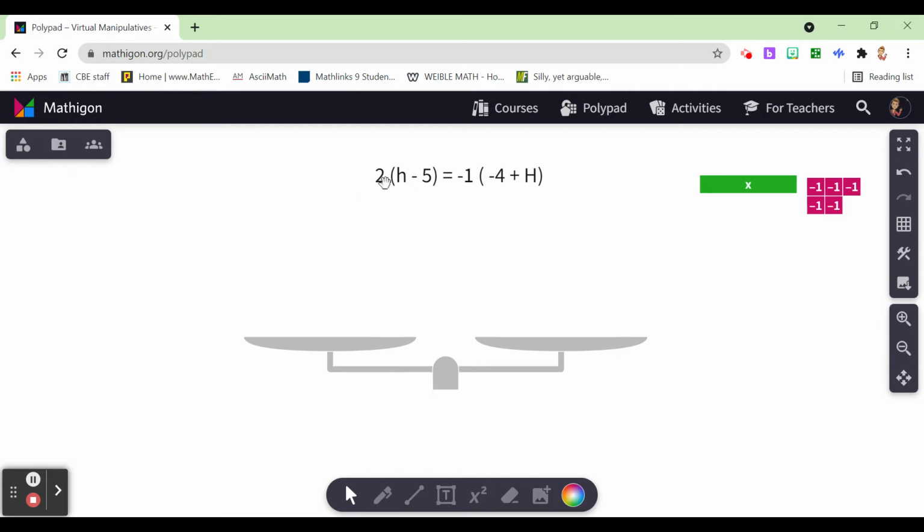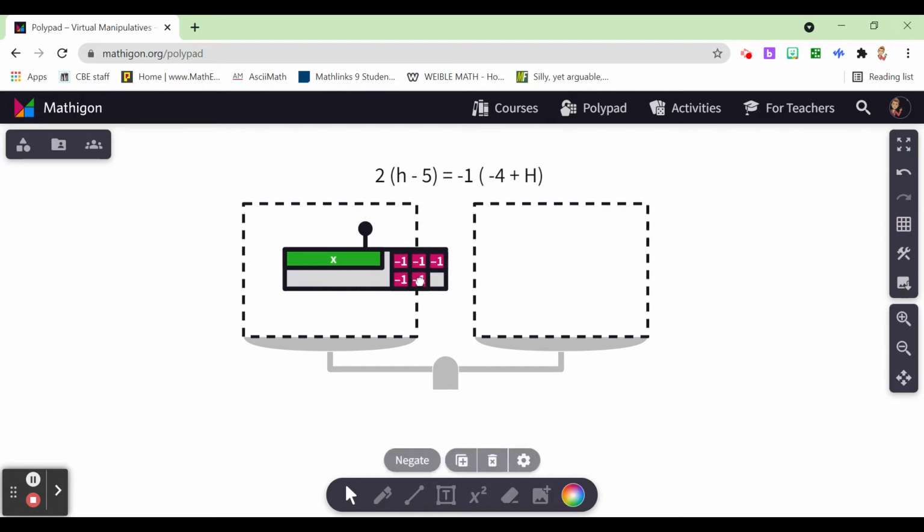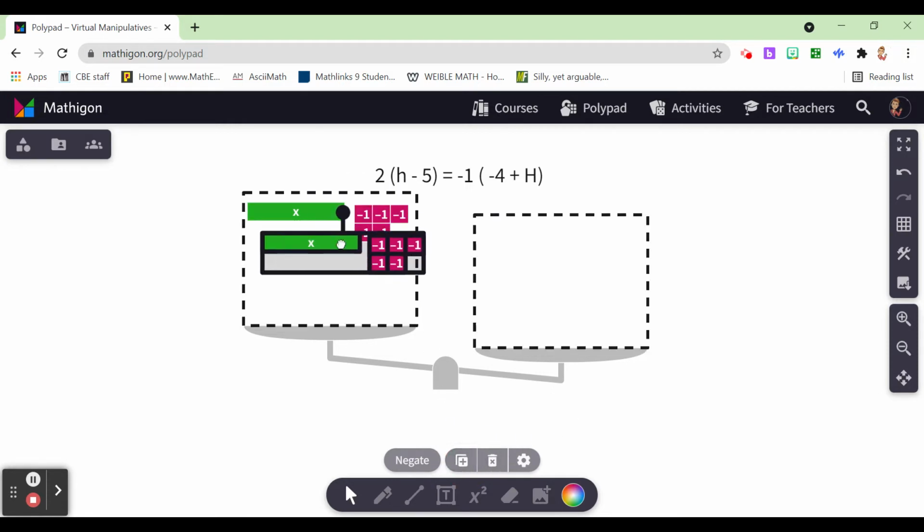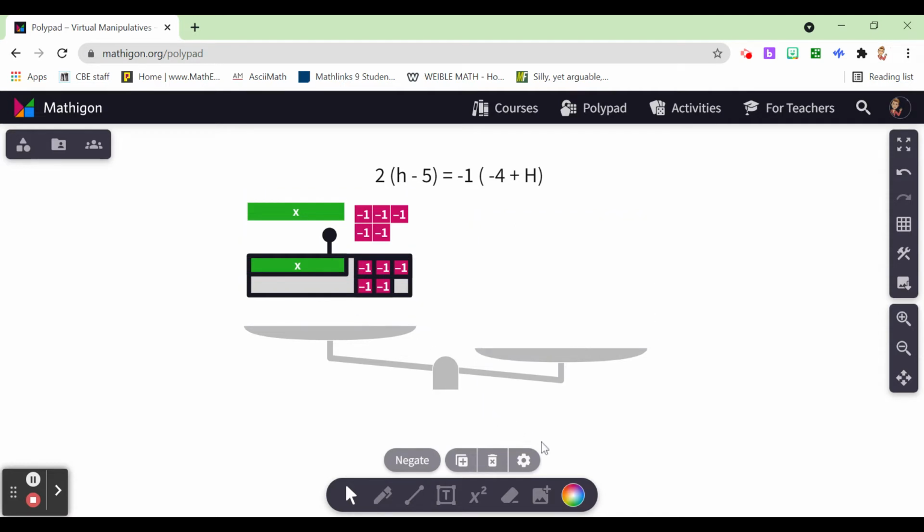So here I am told that we have two h minus 5s. Okay, so I'm going to take one h minus 5 and put it here, and I can see my balance is off. I'm going to duplicate that. So now I have two h minus 5s.